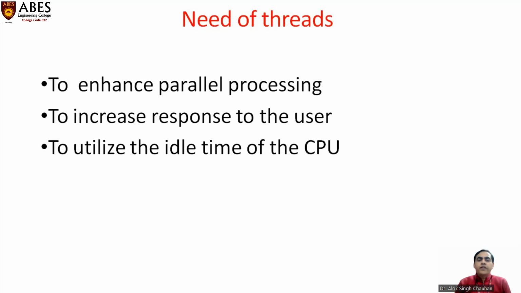And most importantly, we can utilize the idle time of the CPU, because when only one program is running, most of the time the CPU becomes idle. But when we are executing multiple threads simultaneously, most of the time the CPU will be engaged in executing the threads. So by using threads, we can give maximum utilization of the CPU and reduce the idle time of the CPU.